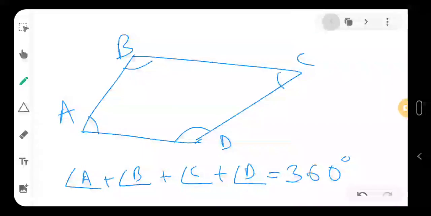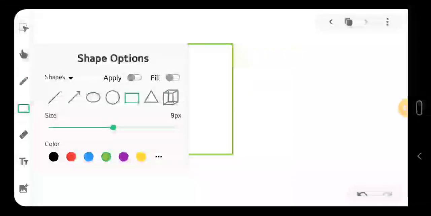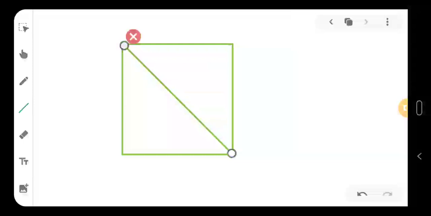How do we correlate these two together? Let's say I'm taking a paper like this, and this is a square paper, and I fold the paper halfway.